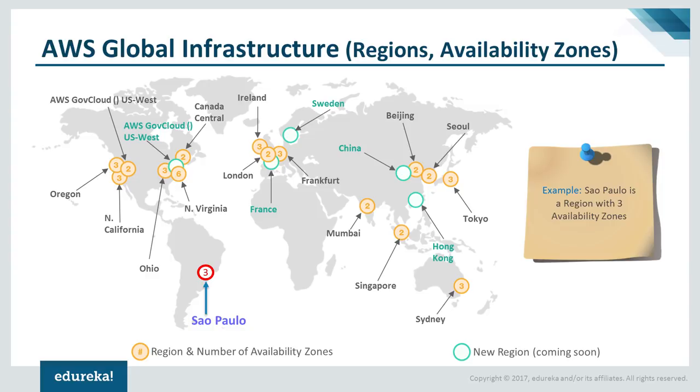So what are these edge locations which I mentioned a while back? Say, for example, I'm based in India and I do not have a data center here. I'm forced to use a data center maybe in Virginia. So I have to have my data in Virginia and access it from India, which might cause a lot of problems, like latency issues.